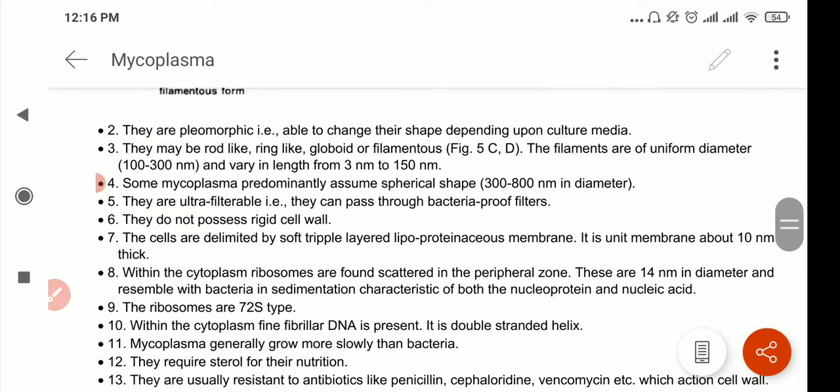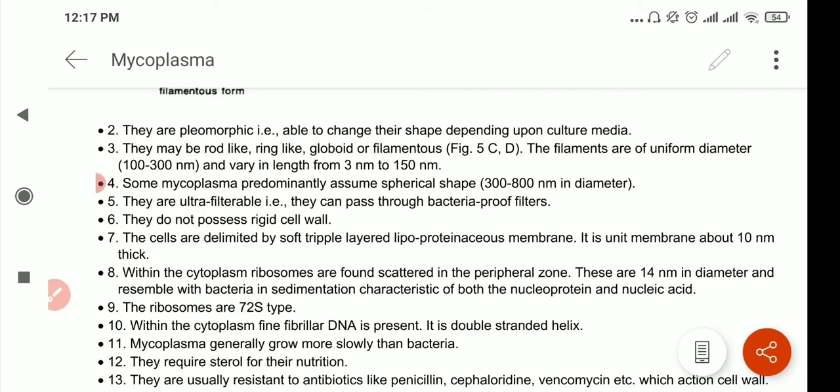They are pleomorphic, which means they can change their shape depending upon what culture media you keep them on. Suppose you grow them in one type of media, they will have one form; in another media, a different form. They may be rod-like, ring-like, globe-like or filamentous. Mostly, though, they prefer a spherical shape. Most of them have an almost round shape.